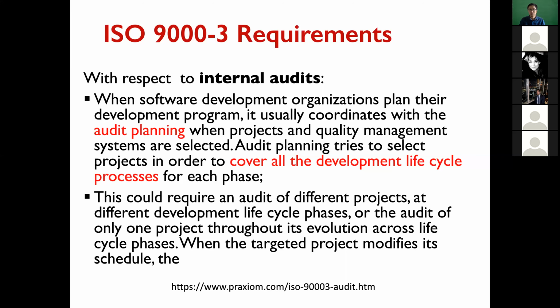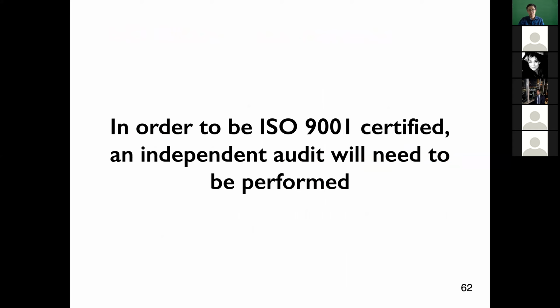And in order to be ISO 9001 certified, as we mentioned, an independent audit needs to be performed. We need to have an external party audit our software development. So what are the steps for the third party or external audit?